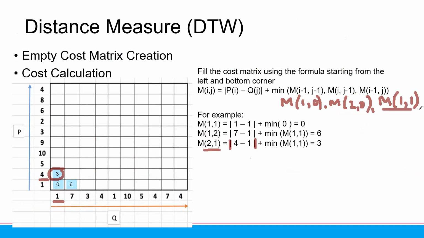For M1,1, we have the data, which is 0. Then 3 plus 0, so the result is 3.